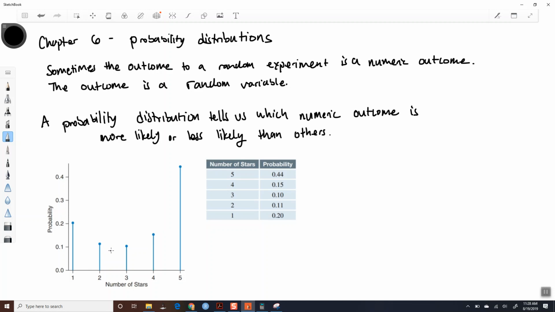So anyway, this is kind of a probability distribution.